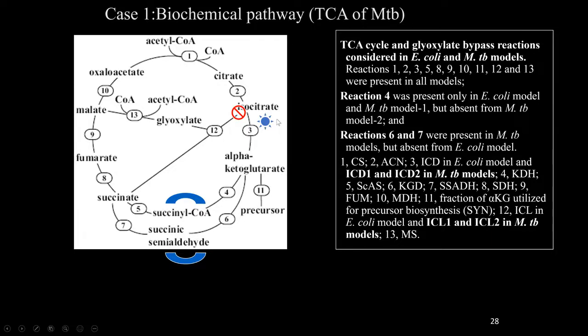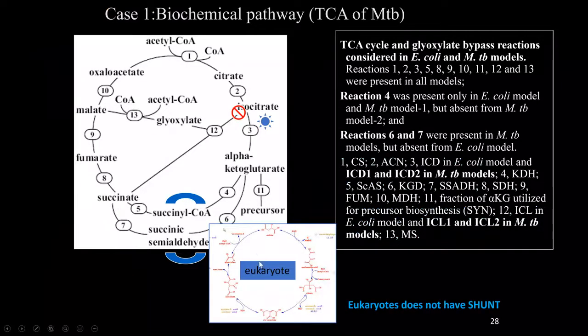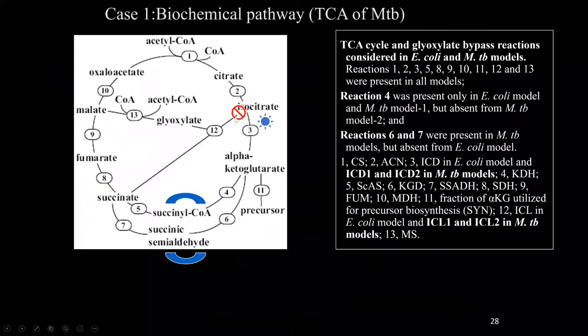We have got some patents on it, and then we tried to find whether we can divert the pathway. The most important point is that eukaryotes don't have this shunt pathway, so we can ignore eukaryotes.